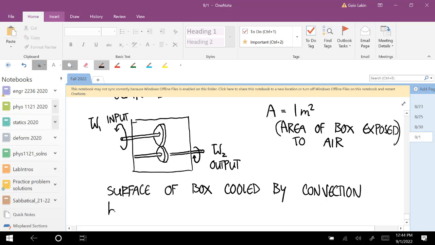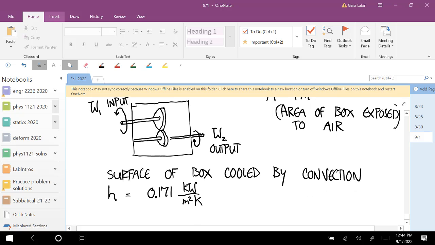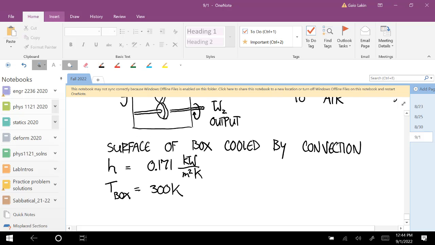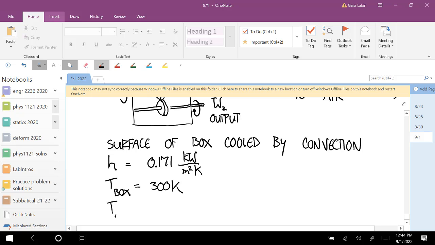We know that coefficient H for this convection is 0.171, that's in kilowatts per meter squared times Kelvin. And we know the temperature of the surface of the box is 300 Kelvin, and the temperature of the air is 293 Kelvin.